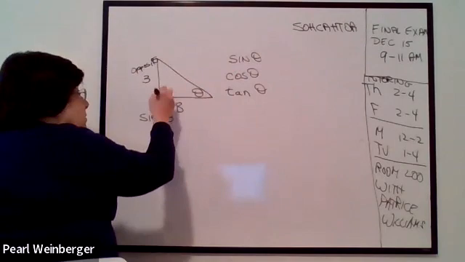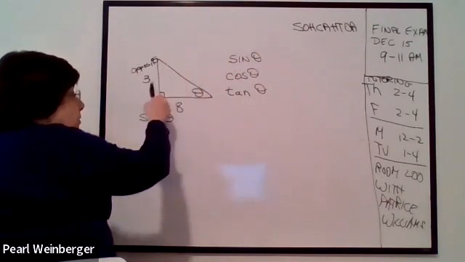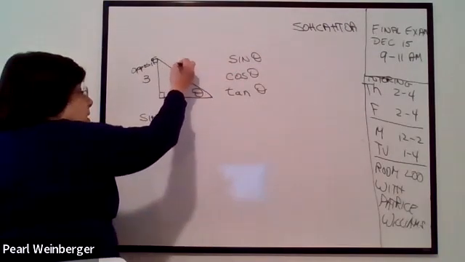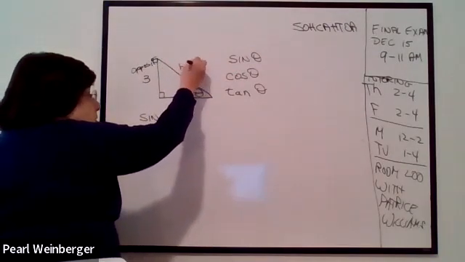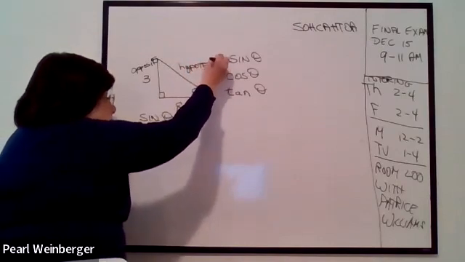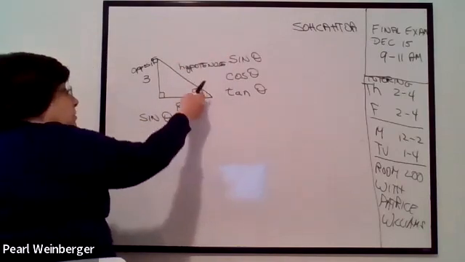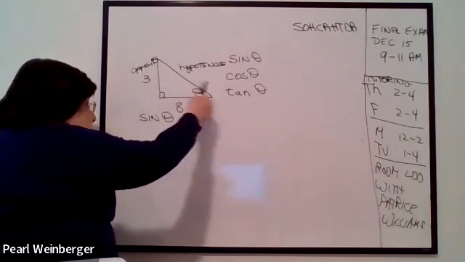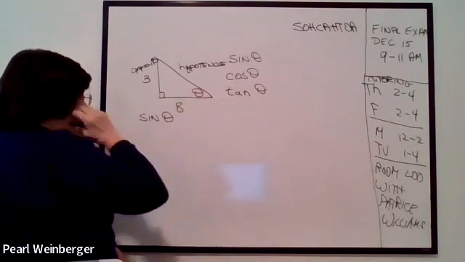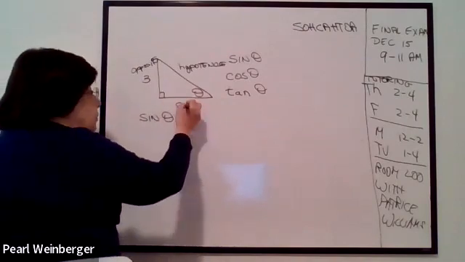The side that is directly across from the right angle, that's the 90-degree angle, is called the hypotenuse. And that third side, the side that's attached to the angle, that's not the hypotenuse, the leg that's attached is called the adjacent side.